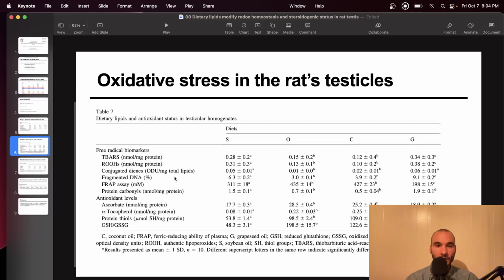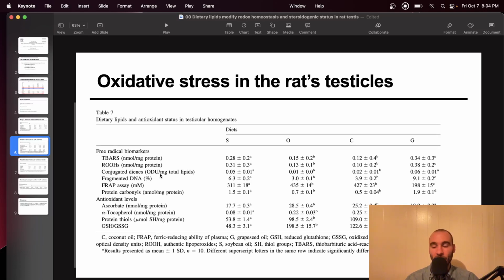So basically, again, as far as lipid peroxidation, the olive oil group and the coconut oil group did the best overall. Now, conjugated dienes are another marker of lipid peroxidation. The coconut oil group and the olive oil group had significantly less conjugated dienes than the grapeseed oil group and the soybean oil group, with olive oil coming in at 1/5 and 1/6 compared to the soybean and grapeseed groups respectively, and the coconut oil group coming in at about 1/3 of the conjugated dienes of the soybean oil and grapeseed oil groups.